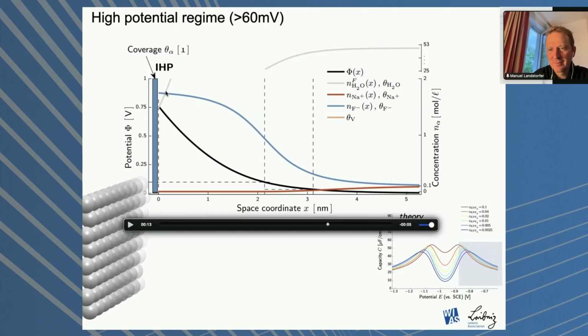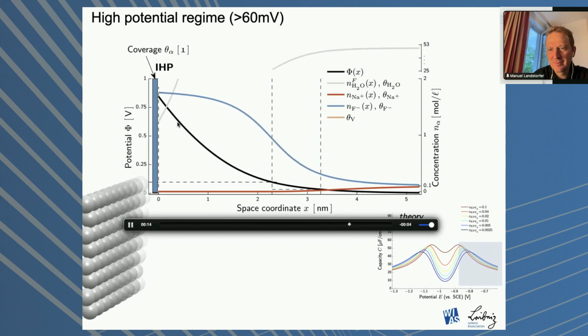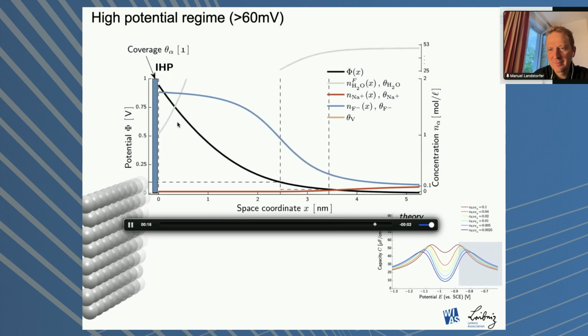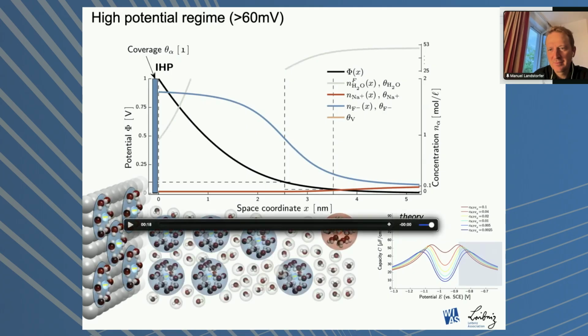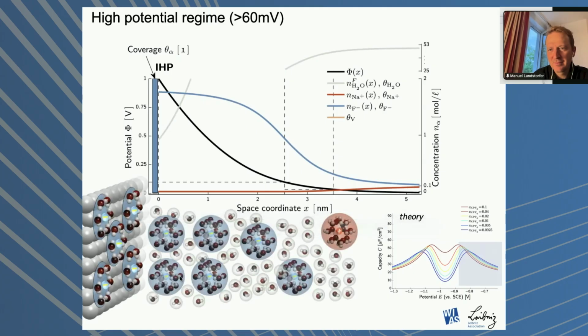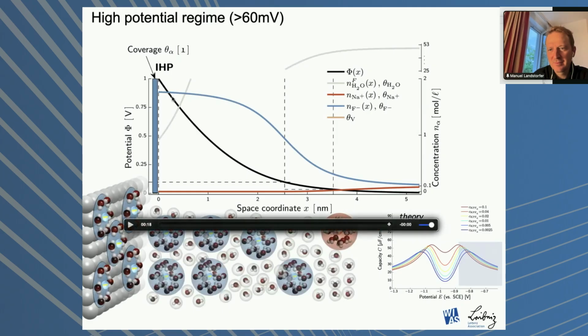That is why this gray solvent concentration, originally in the order of 50, decreases to values below one mole, meaning that the entire interface before the electrode surface is almost entirely filled with solvated ions. There are some solvent molecules left, but the main contribution is solvated ions.